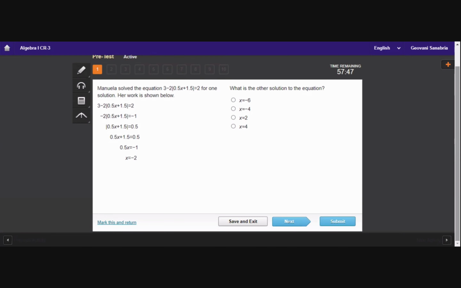So that's the inside of the absolute value, and absolute value just means the distance away from 0. So the absolute value of 3.5 is still just regular 3.5.